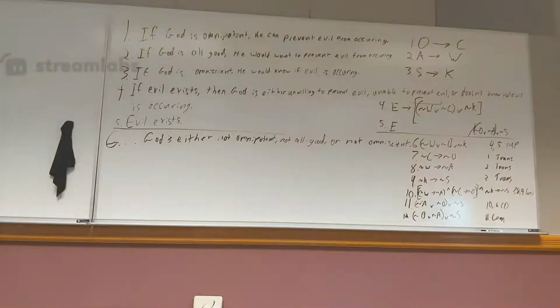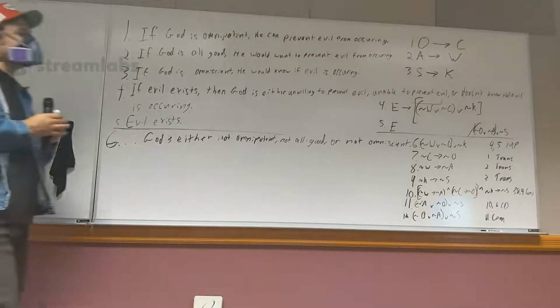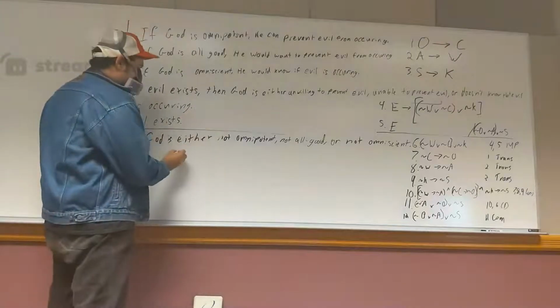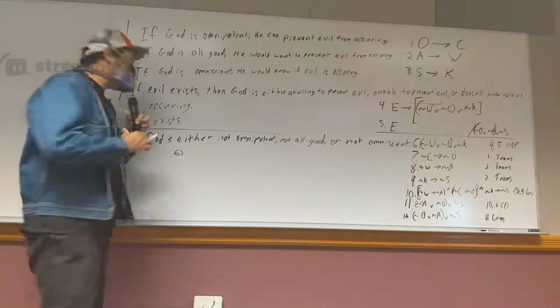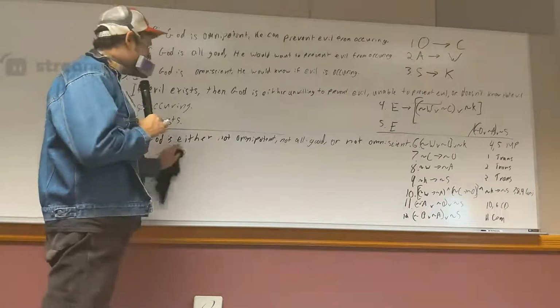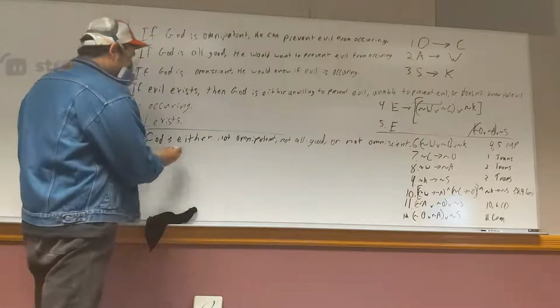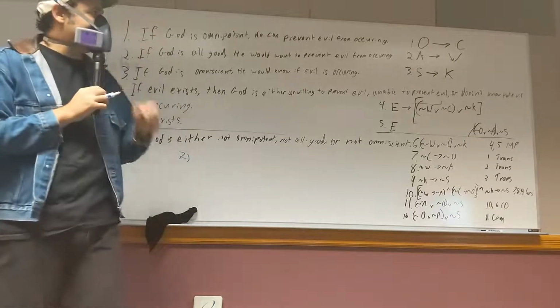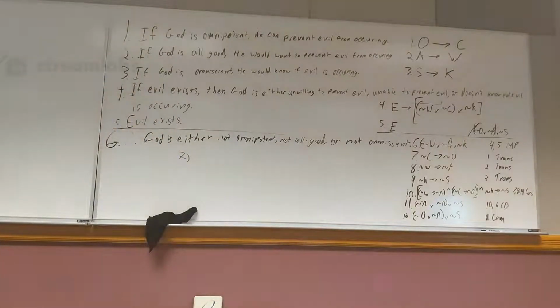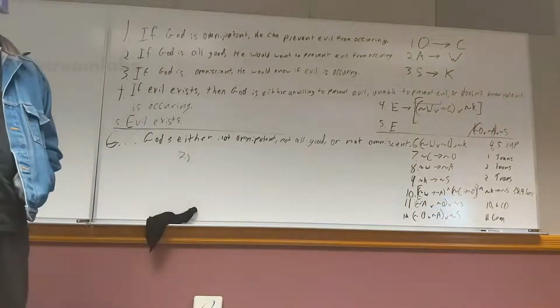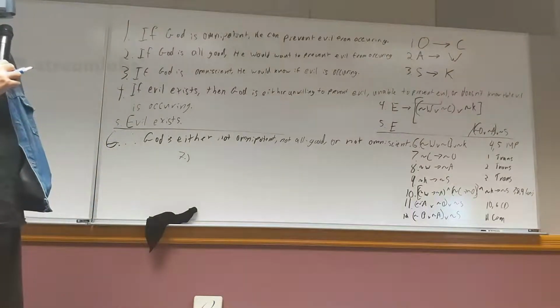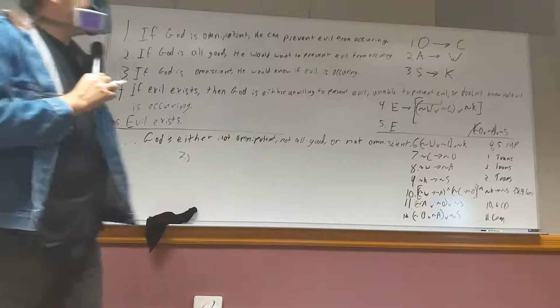What is the other way of solving this without doing that? Well, let's say we start from 7, because it'd be the same as 6. What would the other way of solving this be? Yeah, we could modus tollens everything.